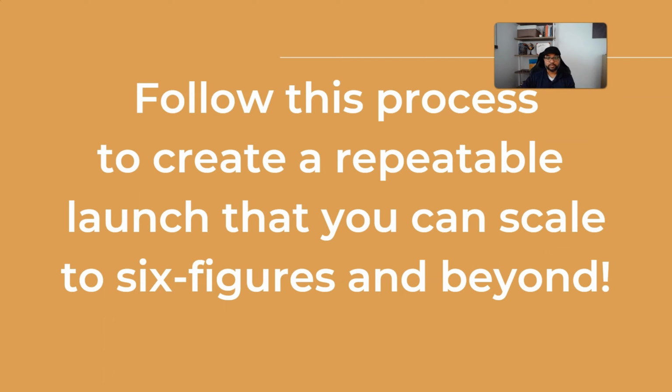So you want to follow this process to create a repeatable launch that you can scale to 6 figures and beyond. Basically, you can do this every week if you like, depending on how often you want to do it. The traditional launch model typically happens over 12 weeks, like between 8 to 12 weeks. When you leverage advertising, your launch model condenses quite a bit, because now you're at 17 days.